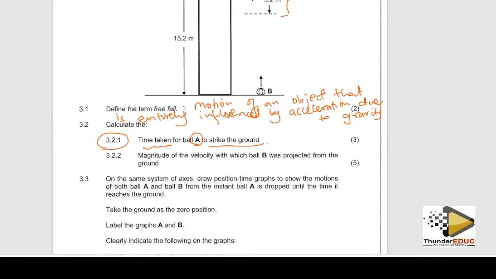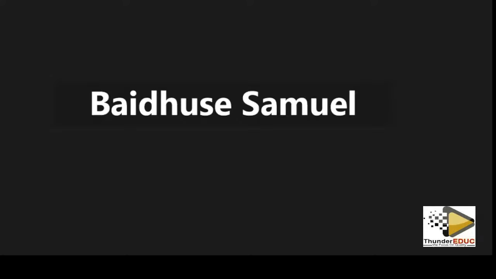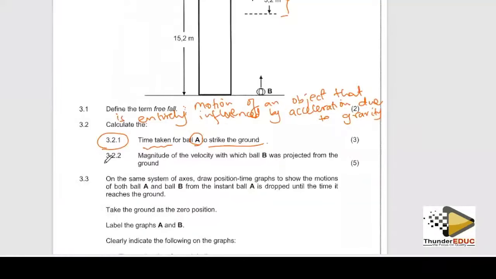Then 3.2.2. They want the magnitude of velocity with which B was projected.